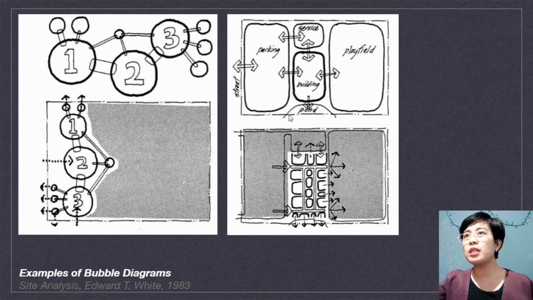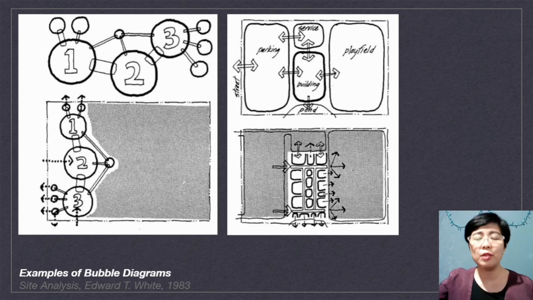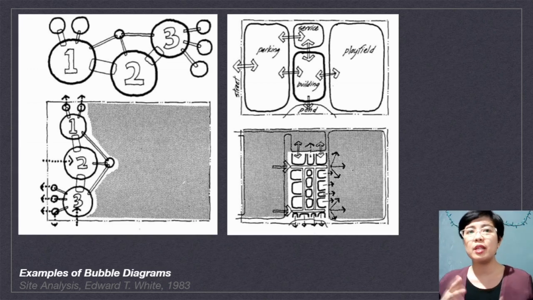So ganun din dito. So hindi naman siya restricted sa shape na kailangan mukha talaga siyang bubble, or kailangan bilog siya, or kailangan square lang siya, o kailangan yun na talaga yung magiging itsura nung or shape nung space na yon kapag tin-translate mo into the plan.